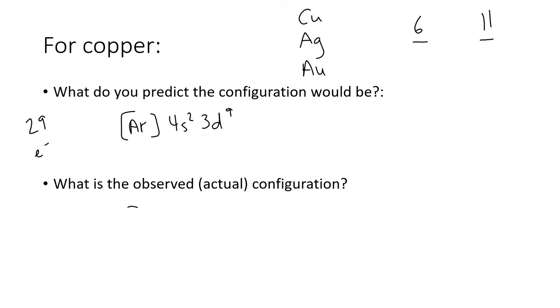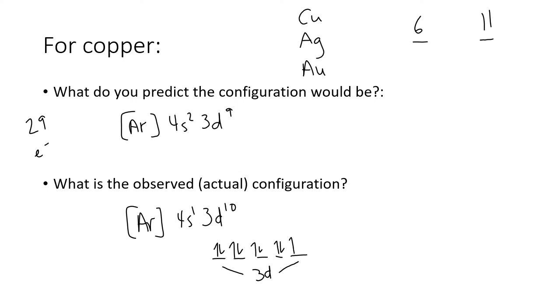Again, though, the actual observed configuration is Ar 4s1 3d10. And again, that has to do with the idea that if we take a look at the 3d group, there are now 10 electrons in that. And again, people argue that a full d block is more stable.